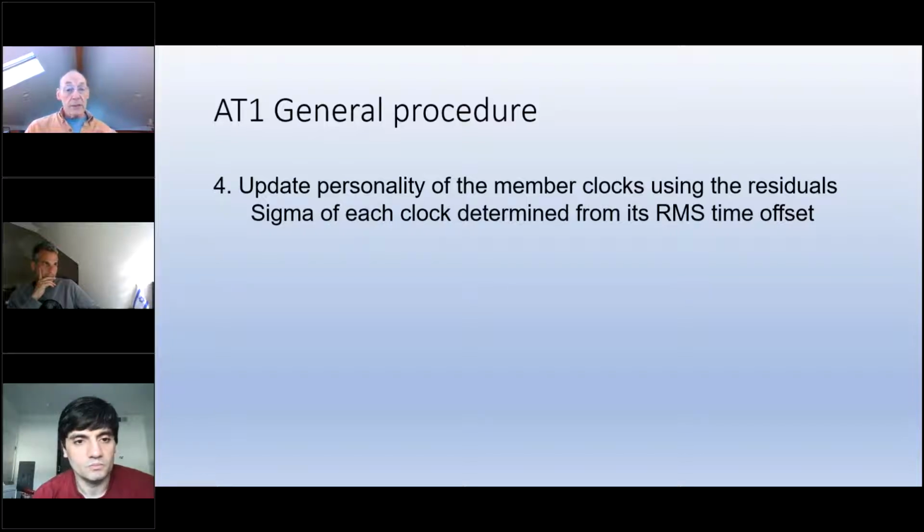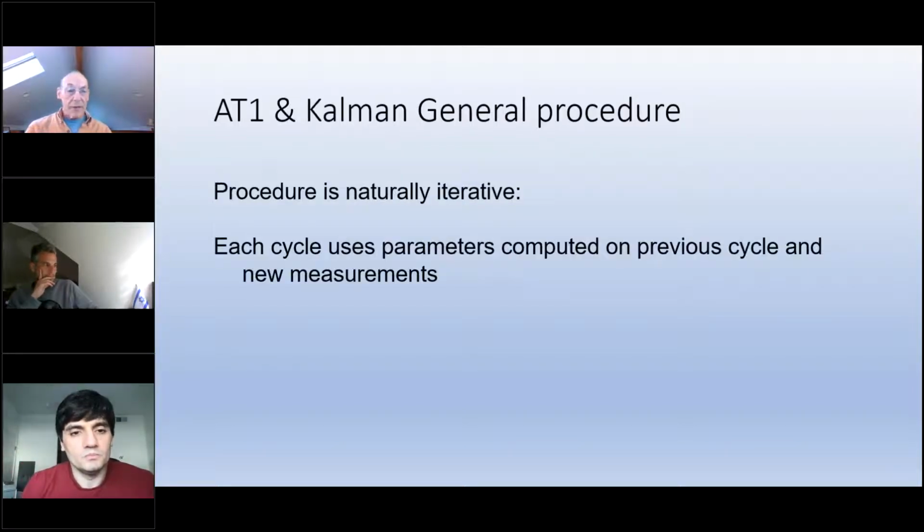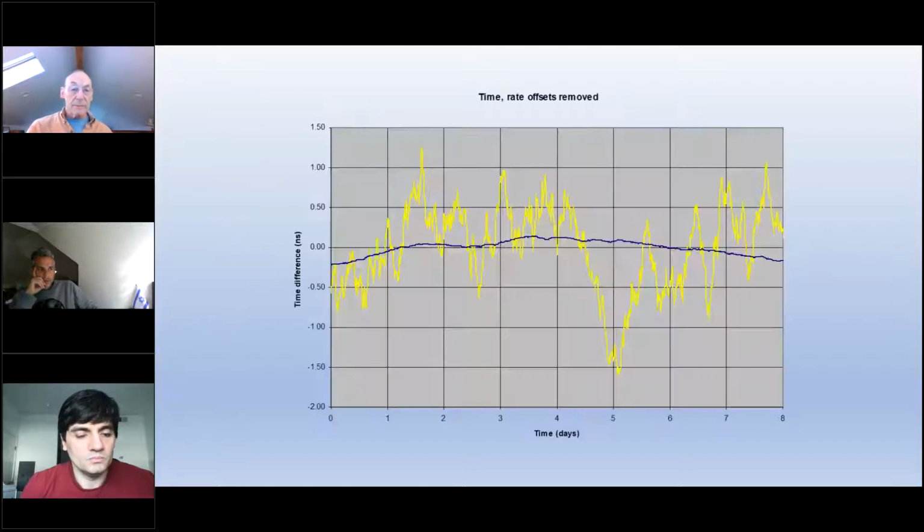And now you need to know the personality of the member clocks, and you determine that using the residuals. So you have an adaptive weight: the weight of each clock is proportional to 1 over the variance. You determine the variance as the sigma or the deviation using its RMS time offset. It's generally iterative. You use the parameters on the next cycle based on the previous cycle and the new measurements.